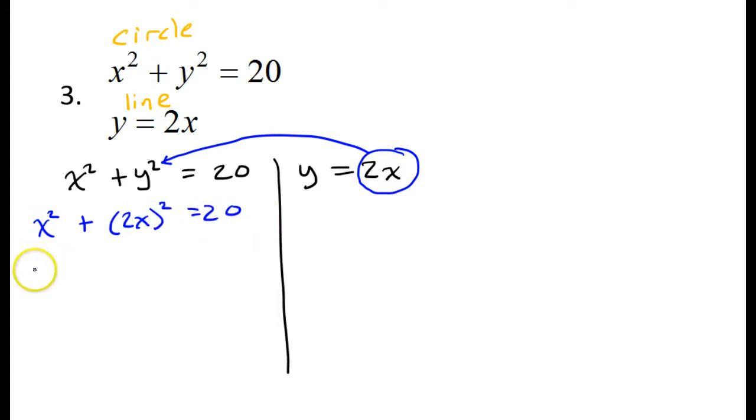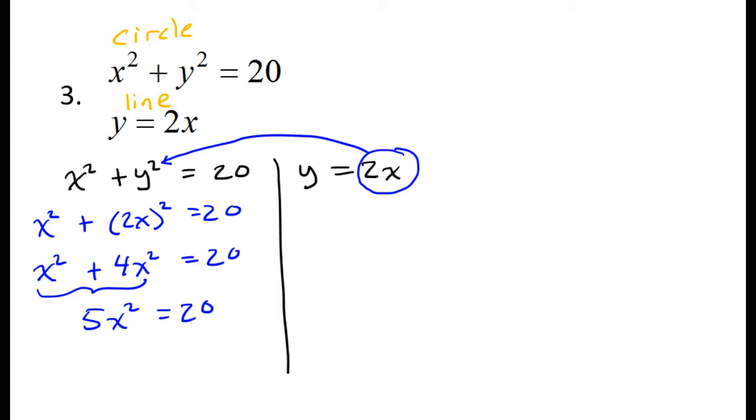Now we have all x's. So this will become x squared plus 4x squared is equal to 20. Combining these like terms, I've got 5x squared is equal to 20. And then I'm going to divide both sides by 5.